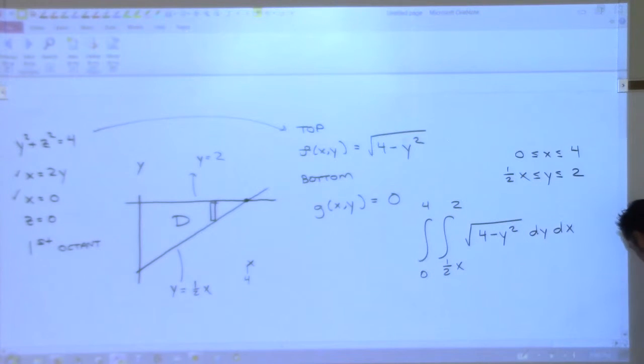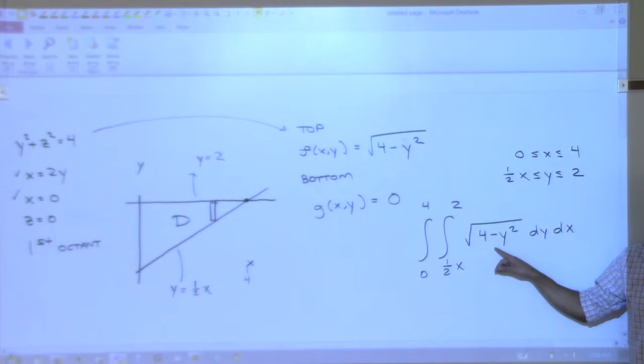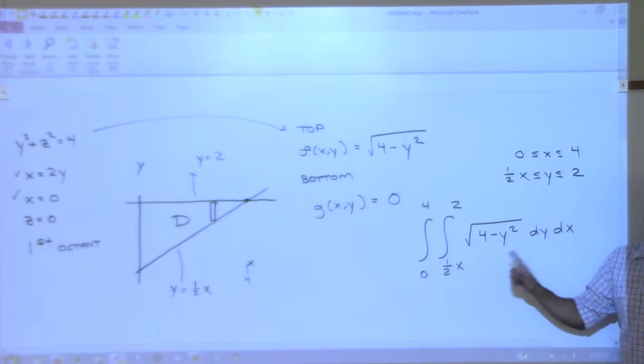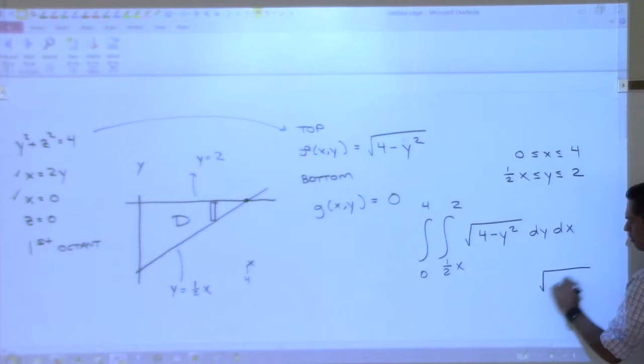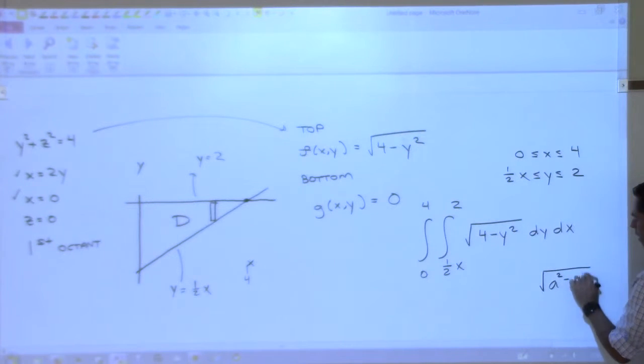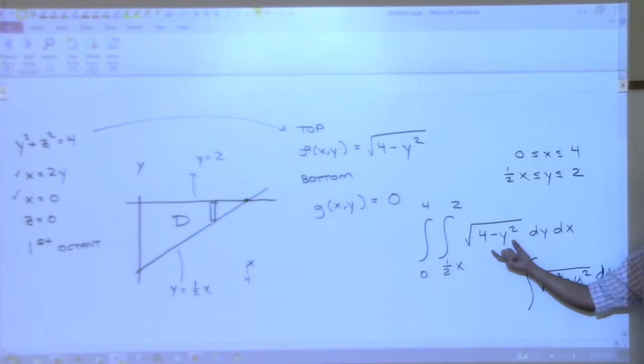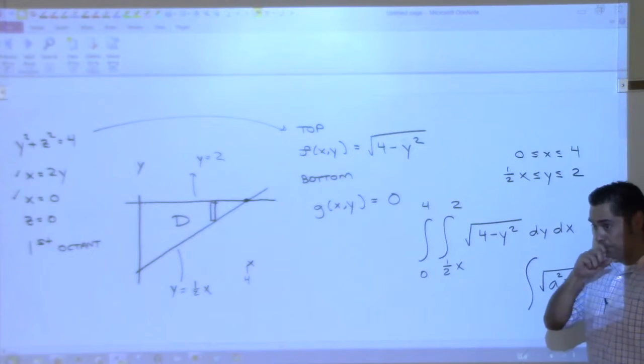How? You have to use the trig. There's trig substitution, right? But I believe in your formula sheet there is a formula for the integral of a squared minus u squared du. But you should be comfortable doing trig sub. I know you'd have to go back to Cal 2 and remember how to do that. Why would you do trig sub?